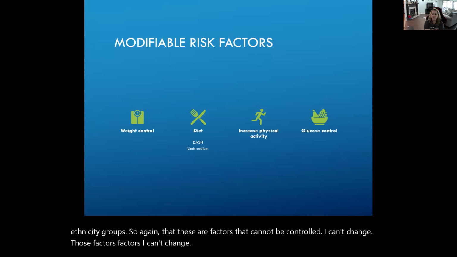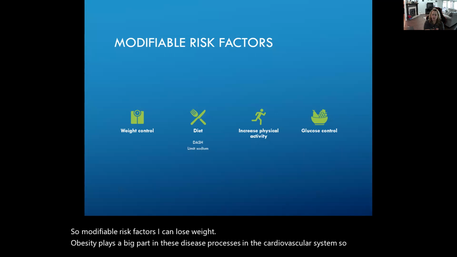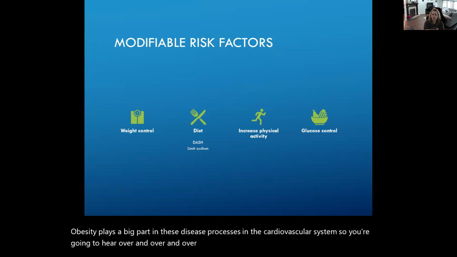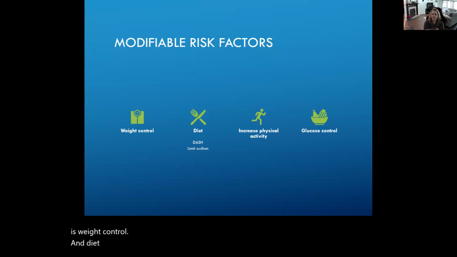Factors I can change, so modifiable risk factors. I can lose weight. Obesity plays a big part in these disease processes in the cardiovascular system. So you're going to hear over and over again that the modifiable risk factor for these diseases is weight control. And diet. The recommended diet for hypertension and for any cardiac disorder is low sodium.